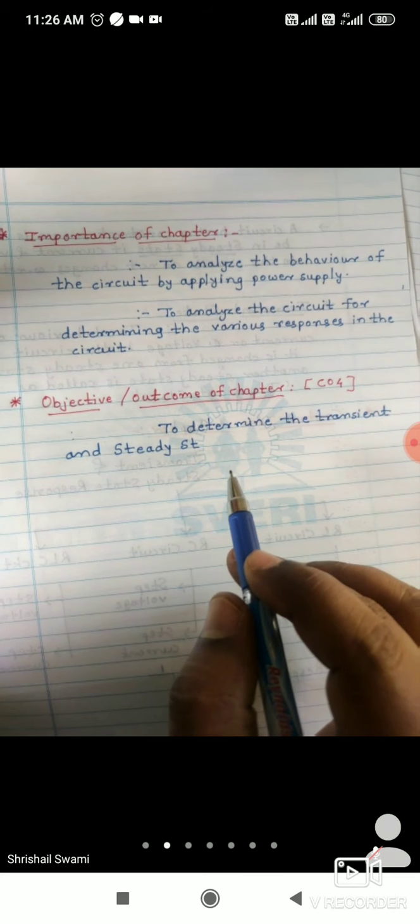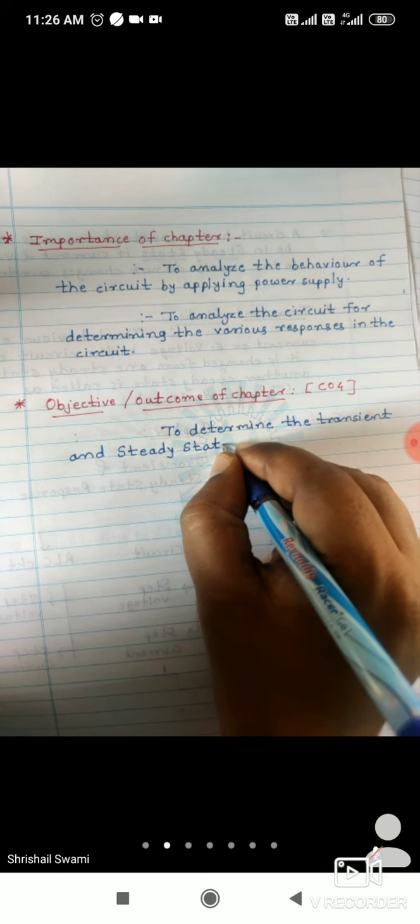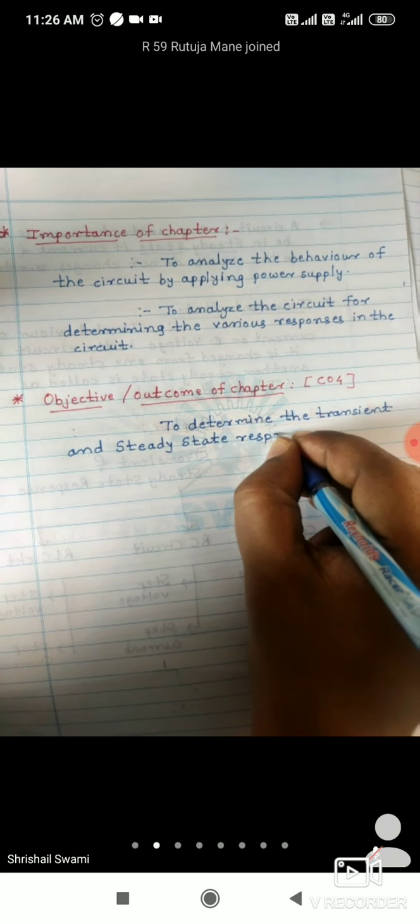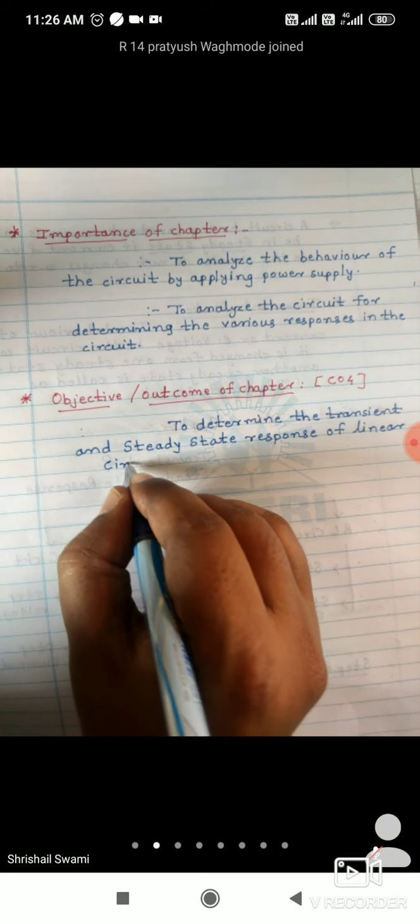This is the CO of unit number 4, so I will write here CO4. This will be the fourth CO of this subject: to determine the transient and steady state response of linear circuits. Why is it called linear? Because it consists of RLC. So this is the outcome of this unit or chapter.